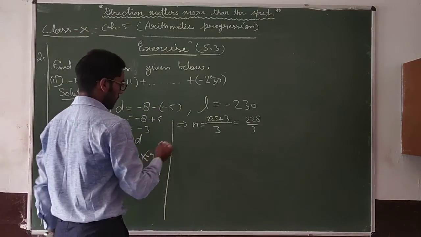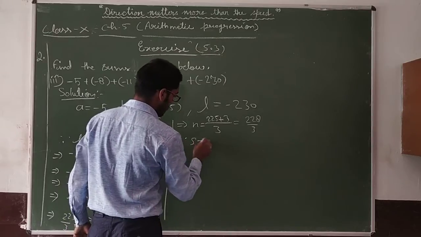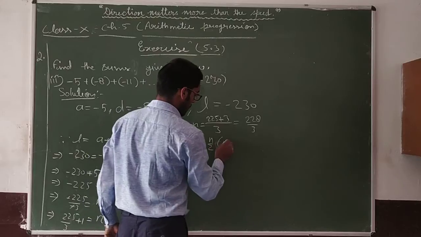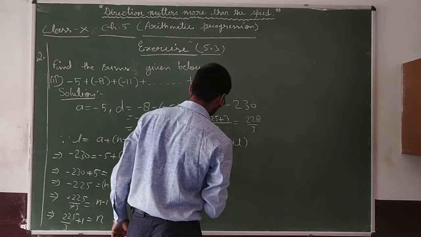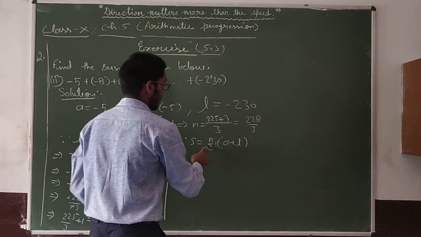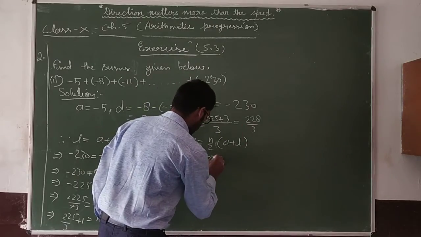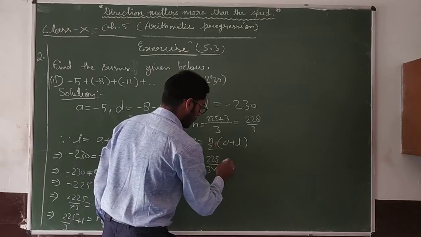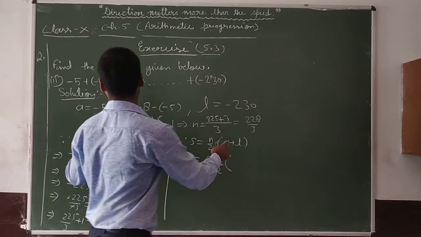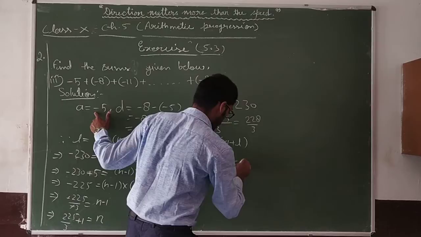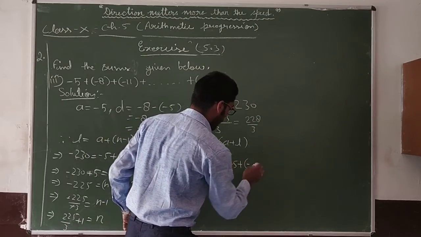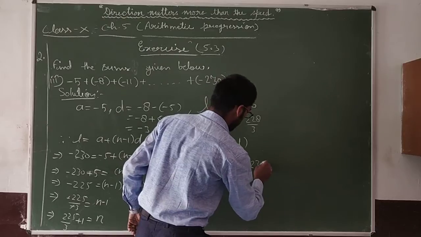Now put in the formula S is equal to n by 2 into (a plus l). The value of n is 228 upon 3, into 2 in bracket, first term a is minus 5 plus last term, which is minus 230.